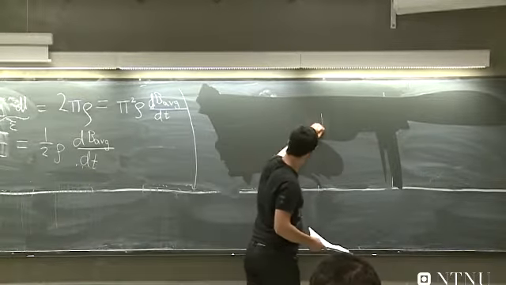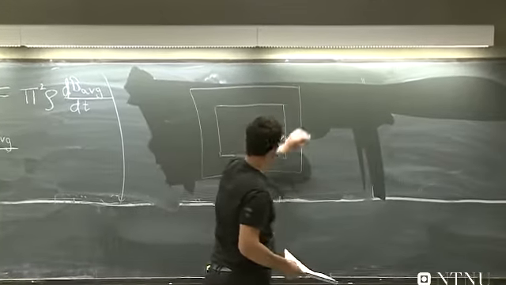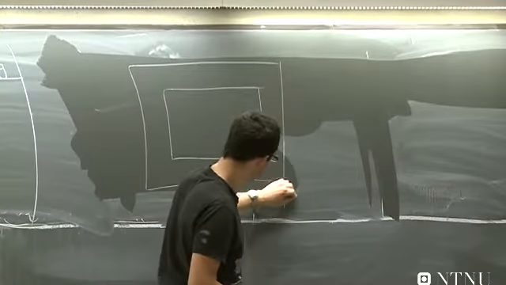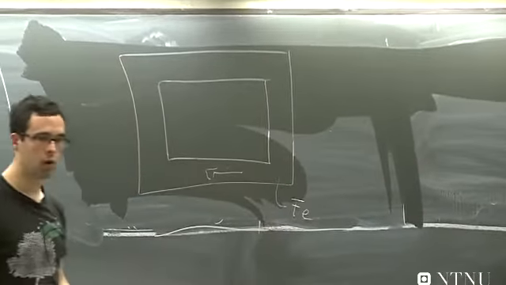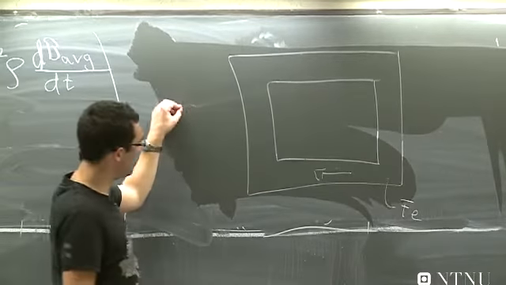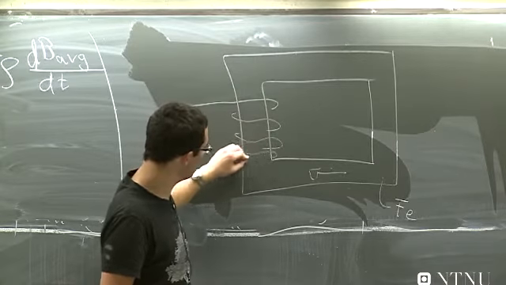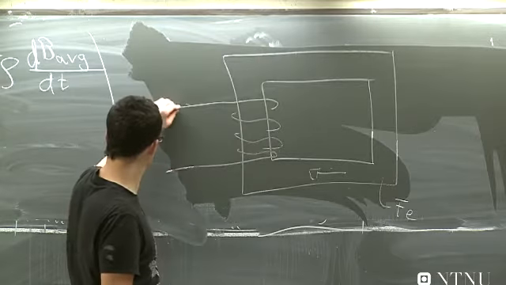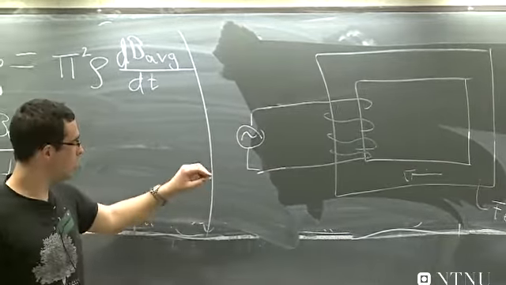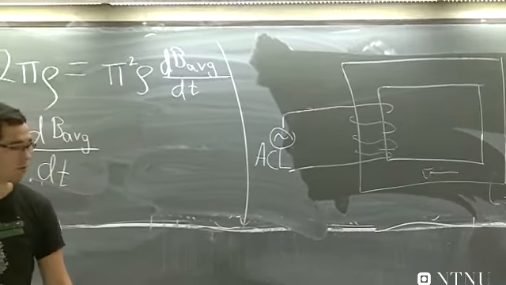So this is an iron core of the transformer, and I insert some coil around here. And there's a time-dependent current, like the current you get in the wall socket.